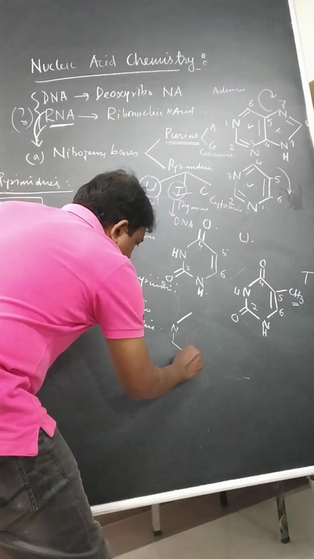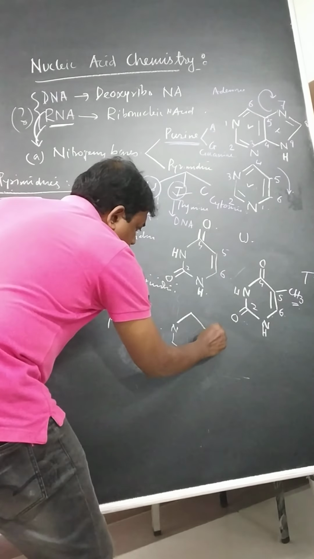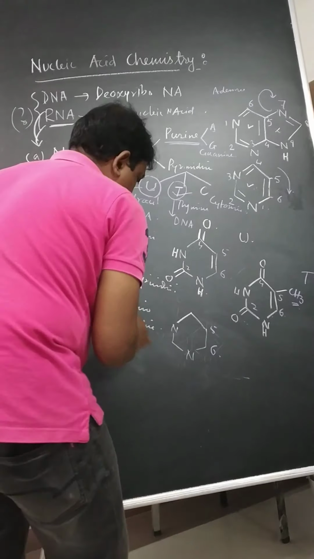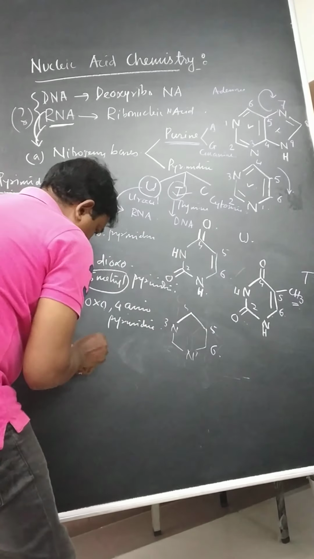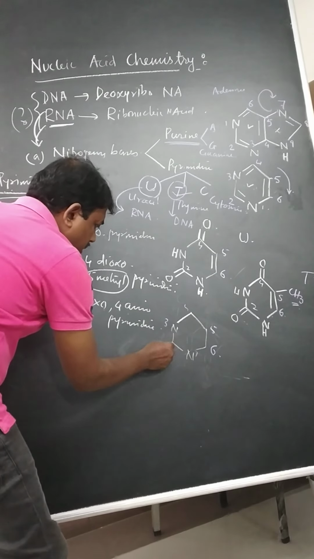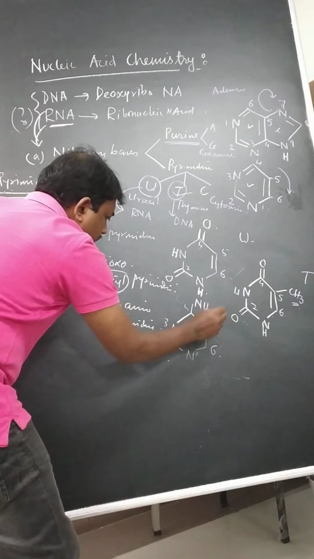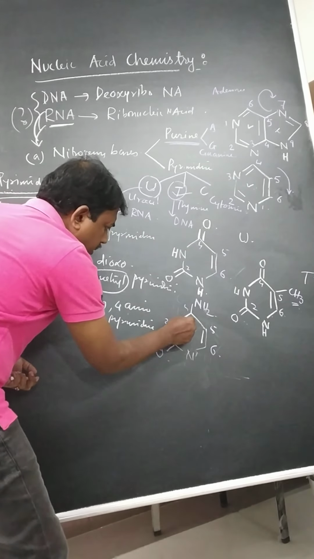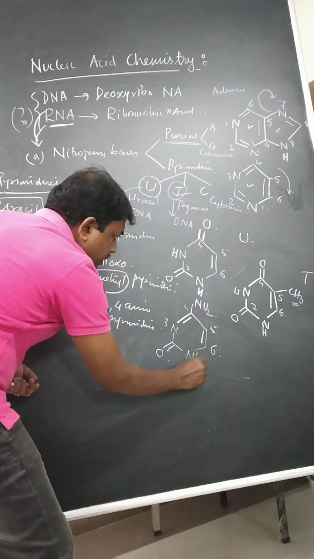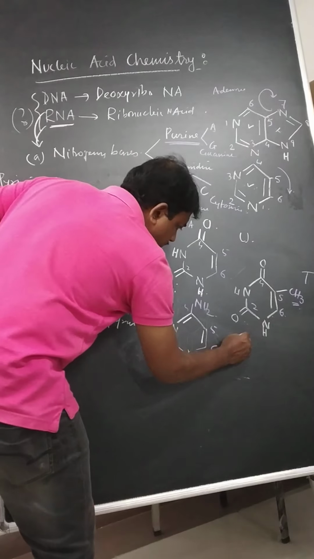Just write down this pyrimidine nucleus, number it 5, 6. Next, this is 1, 2, 3, 4. Put one oxo group here, another amino group here. So here will be a double bond, here will be a double bond, and this is H here. And this is known as cytosine, or simply written as C.